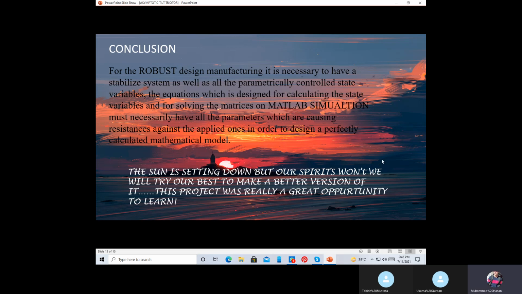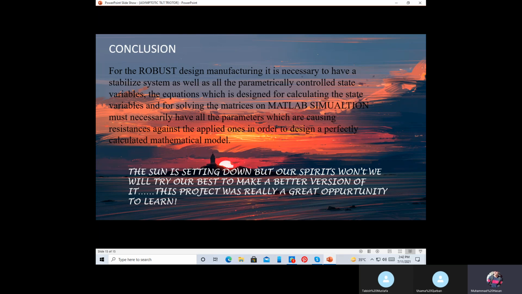This is the conclusion. Here we have written that for robust design and manufacturing, it is necessary to have a stabilized system as well as parametrically controlled state variables. The equations designed for calculating the state variables and for solving the matrices in MATLAB simulation must have all the parameters which cause resistance against the applied ones.